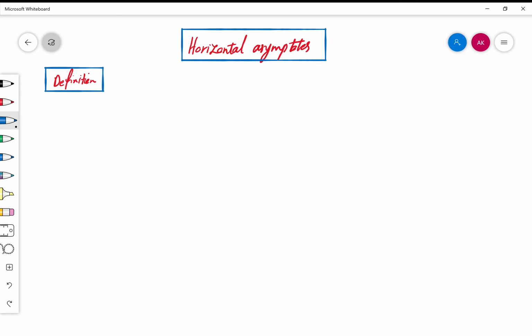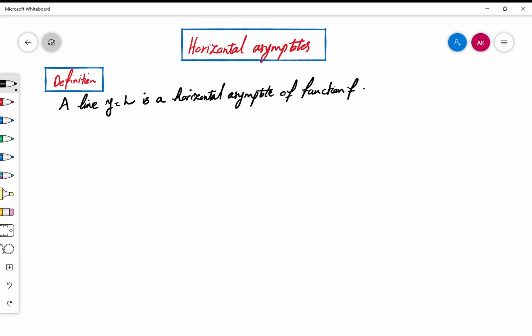A horizontal asymptote is a line, a line y equals a constant L, of a function if when you find the limit of the function as x goes to plus infinity or the limit of the function as x goes to negative infinity, either of these gives you L. That's the definition.